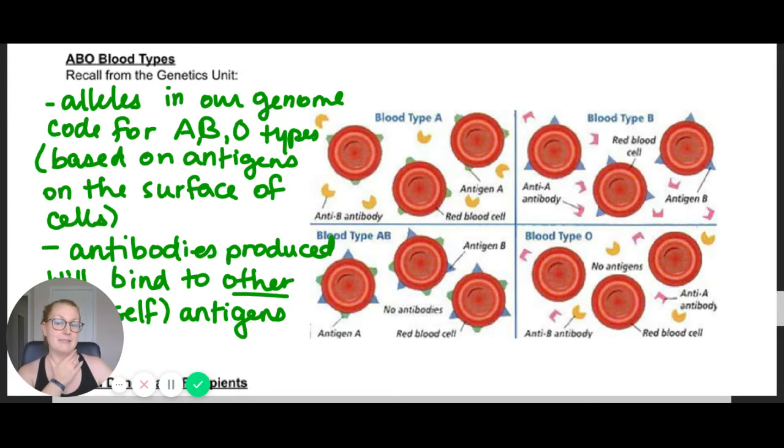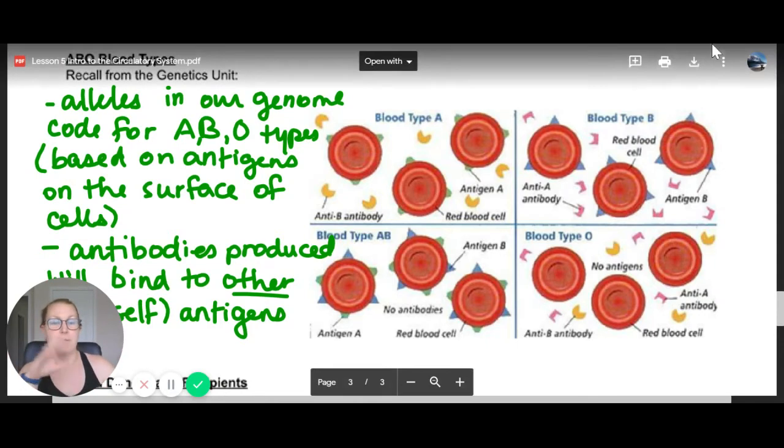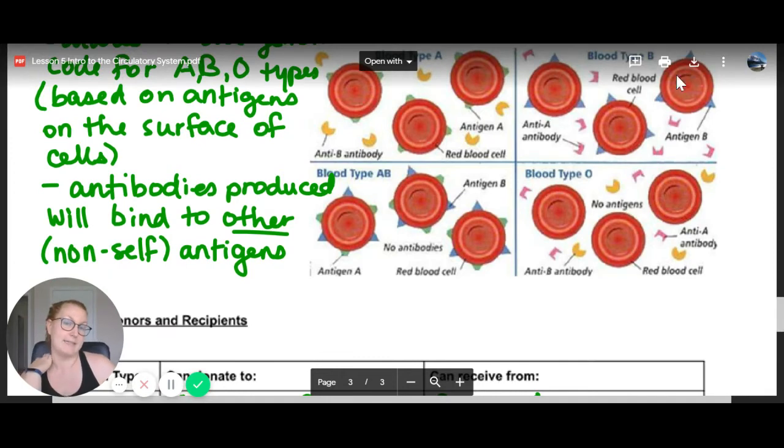And we are producing antibodies essentially against whatever we feel is non-self. So, myself as a type B person, I am producing antibodies against type A. So, essentially, if type A blood was inserted into my body, I would actually start fighting an immune response against that. So just to kind of summarize that, we're essentially seeing other blood types as non-self.